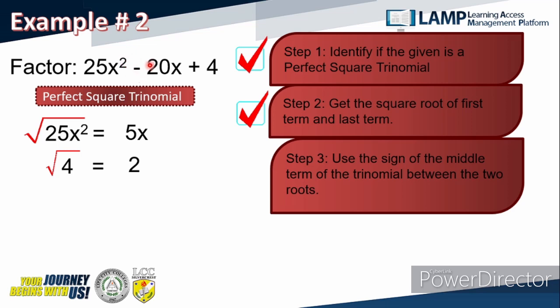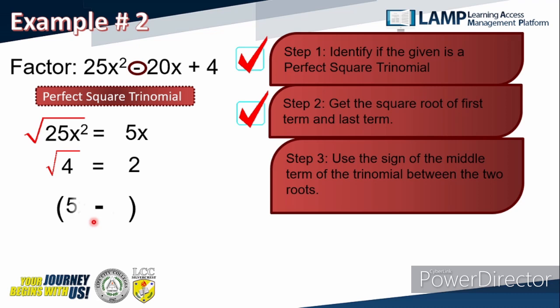Means we use our sign here for the middle term, which is a negative sign for our binomial. Why? Just because the sign of our middle term is negative. Therefore, we use negative as the symbol for our binomial.